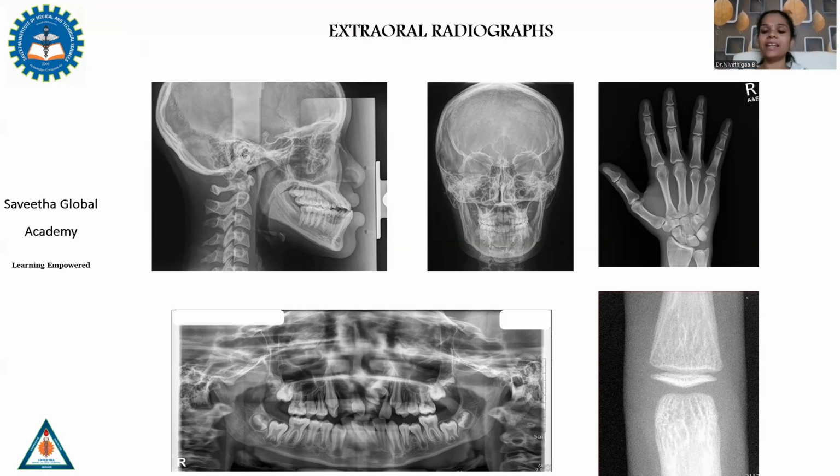Next, we have the hand wrist radiograph that can be utilized in identification of the growth status of an individual. And finally, we have the MP3 radiograph, which again helps us in growth estimation in patients.